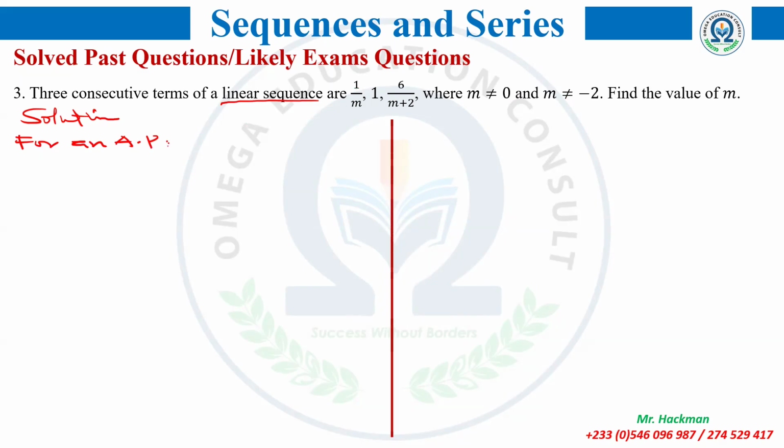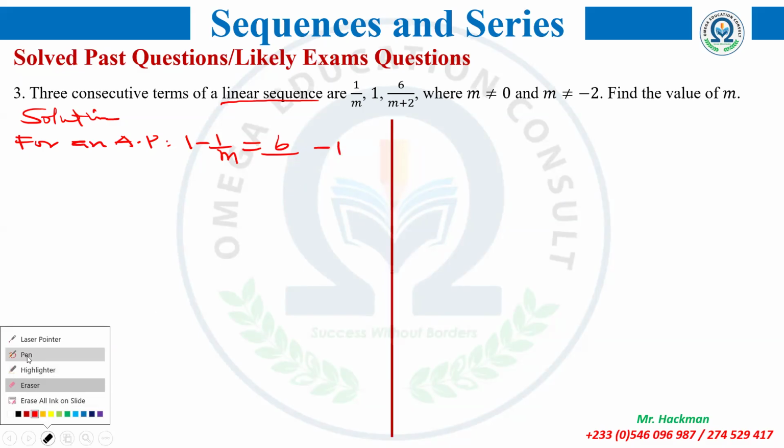Am I right? So 1 minus 1 over m should be equal to 6 over m plus 2, minus 1. Do you agree? Yes, sir. As simple as that.